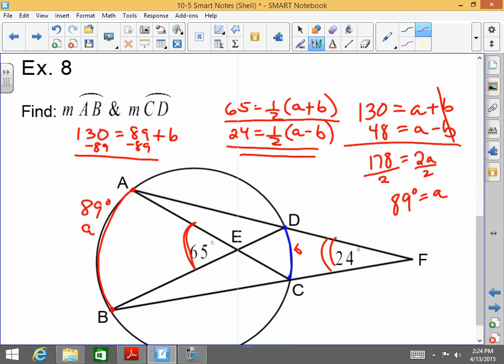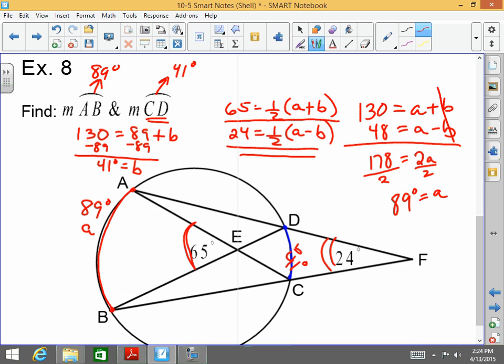And what's that going to be? 41 degrees equals B. Is that correct? Yep, that is correct. So now I found arc AB, which is 89 degrees. We called that our little a. And we found arc CD, which is our B, and that's 41 degrees.